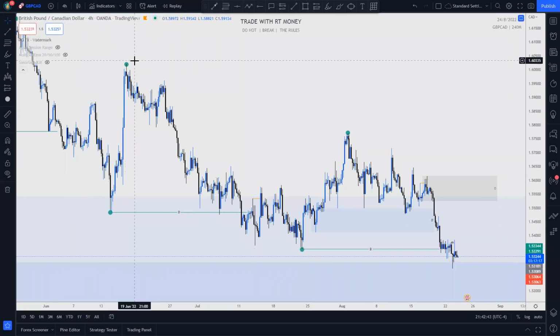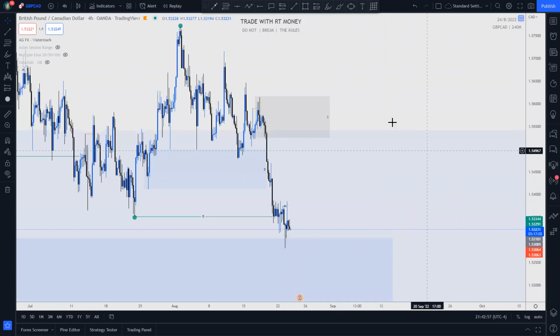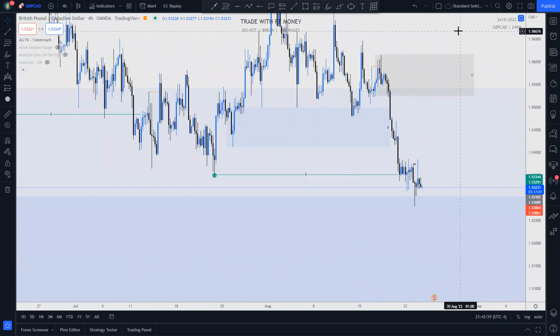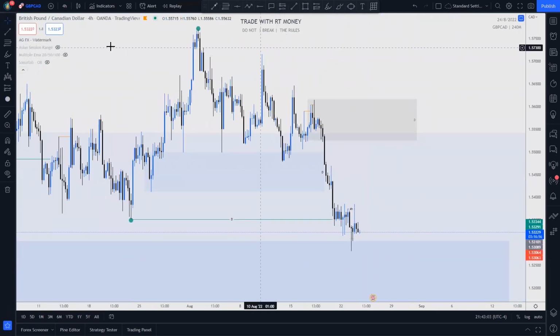Lower low, lower high, lower low, lower high. And again, we are breaking this low for a new lower low. But we are in an area that could potentially push price back up, if just for the short term, right? I would prefer to look for sells in this market.